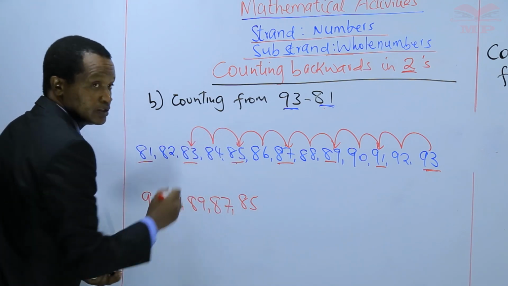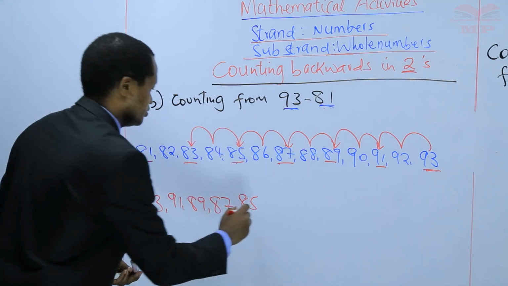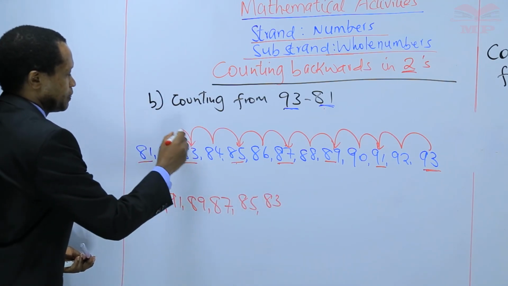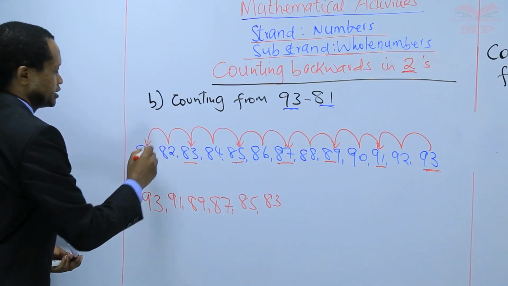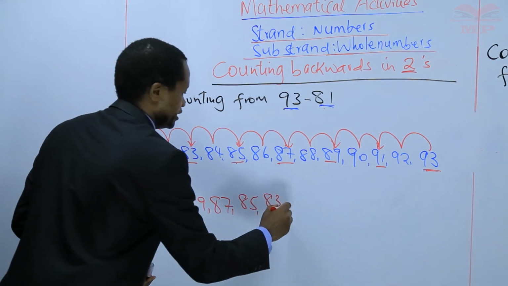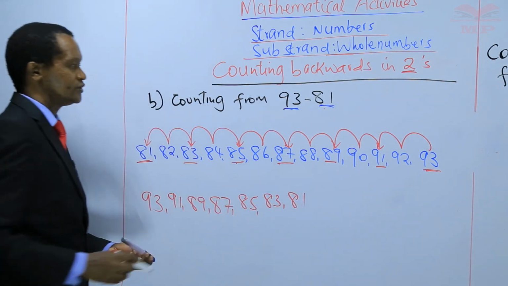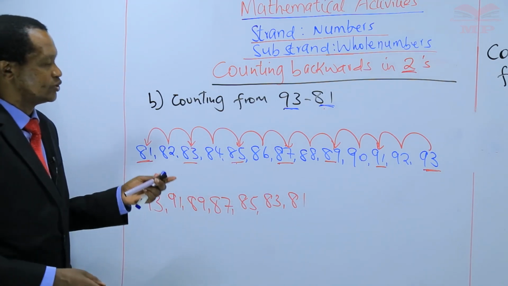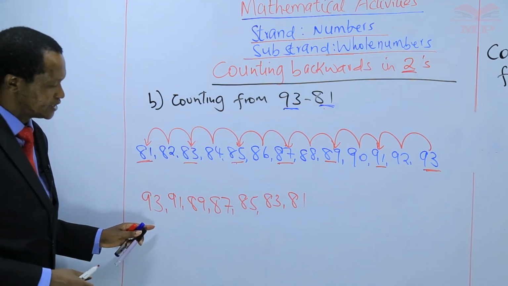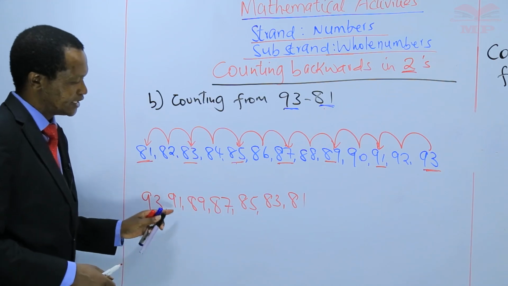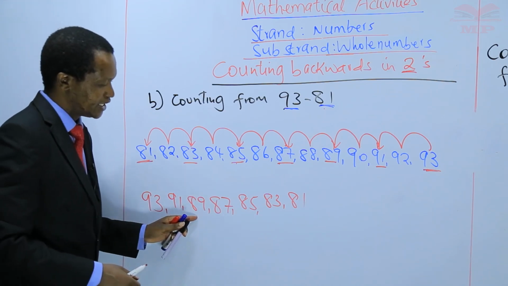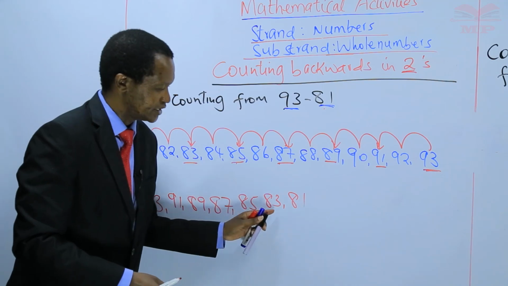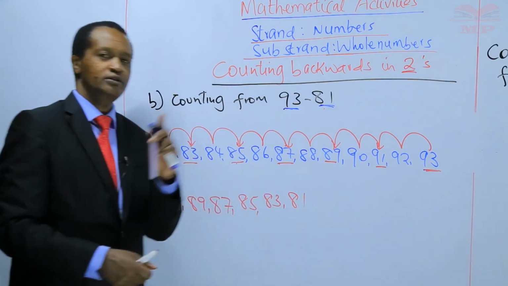This is 83. We write down 83. Then lastly, 1, 2. So the last number here is 81. Counting backwards in twos from 93 to 81, the answer is 93, 91, 89, 87, 85, 83, 81.